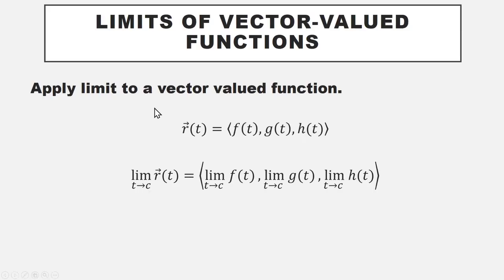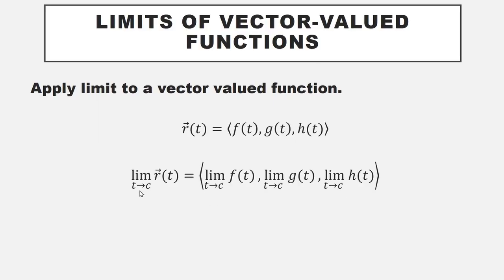So let's start out with limits. Now I'm writing this in R3, so let's pretend I have a vector-valued function r, which is in the three-dimensional real numbers. But you could easily just do this on R2 as well. So if I take the limit of a vector-valued function as t goes to the number c, then we just need to apply that limit to each component of the output.